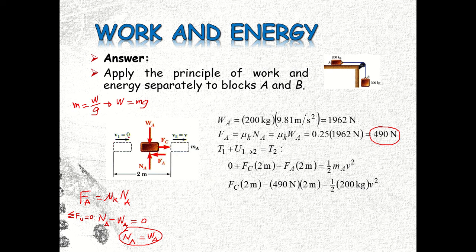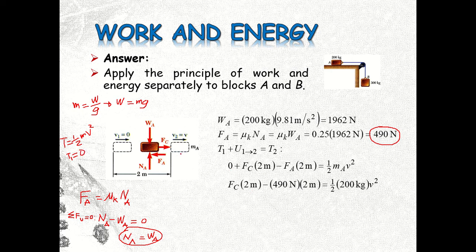And we know that kinetic energy T is equal to 1 half m v squared. At this point the velocity v1 is 0, so T1 is equal to 0.